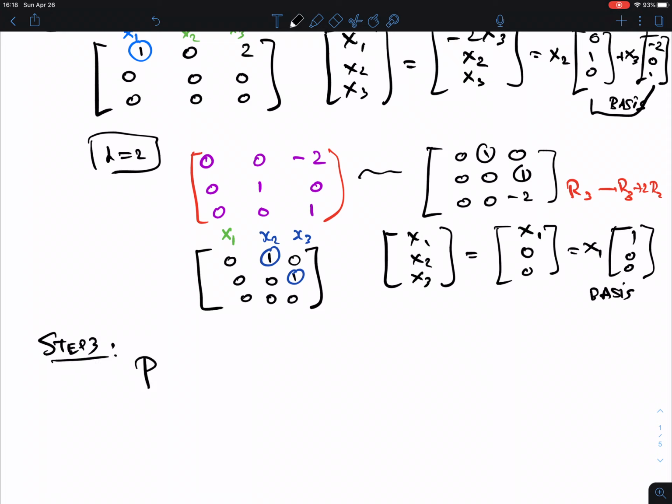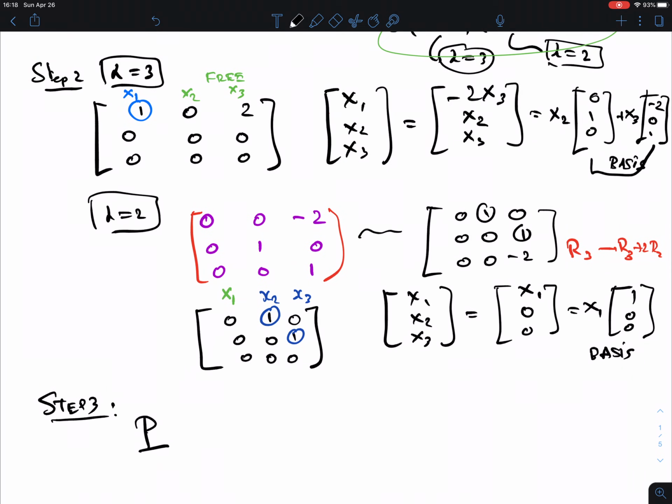So now step 3, we can form P. Now this answer is not unique, because I have a bit of a choice here which basis vectors I put and in which order. I found these two basis vectors with this method, but you could find different basis vectors if you do things differently. A basis is not unique. There are many bases.